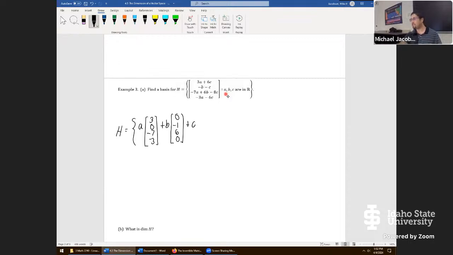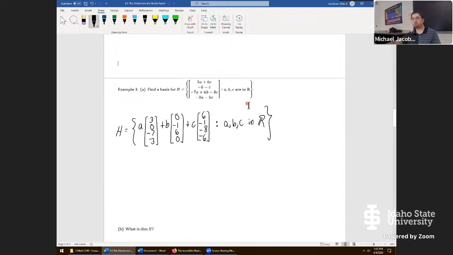And last but not least, C has coefficients here going 6, -1, -8, and -6. Provided I didn't miscopy anything. Only requirement is that A, B, C be real numbers in R.